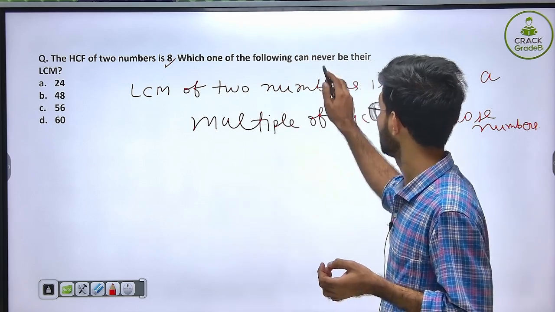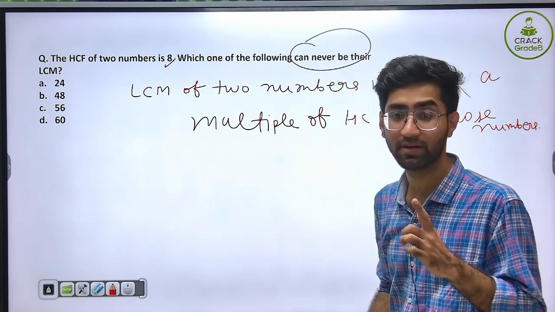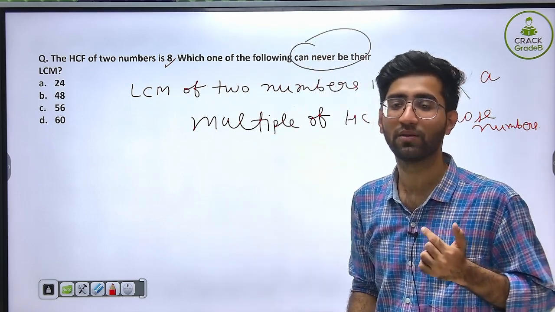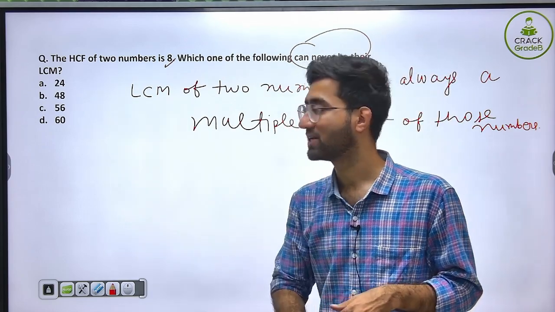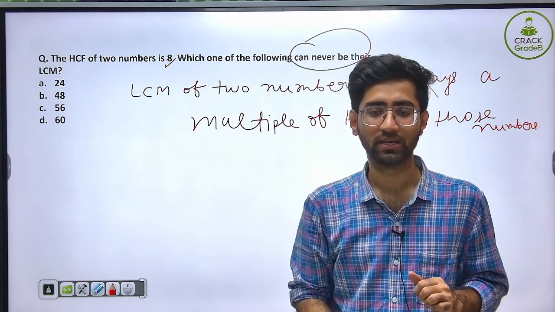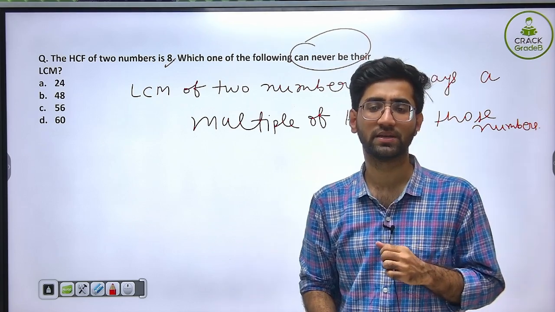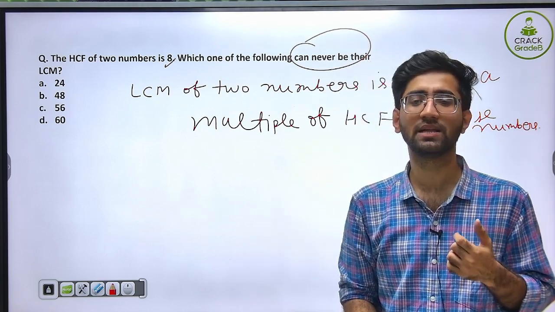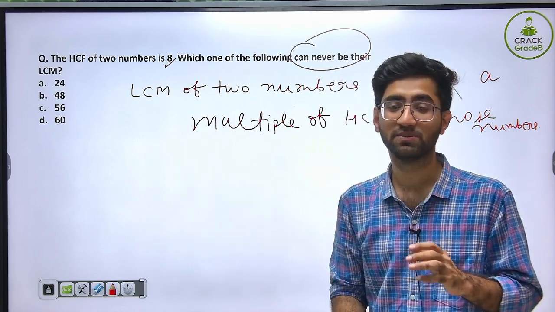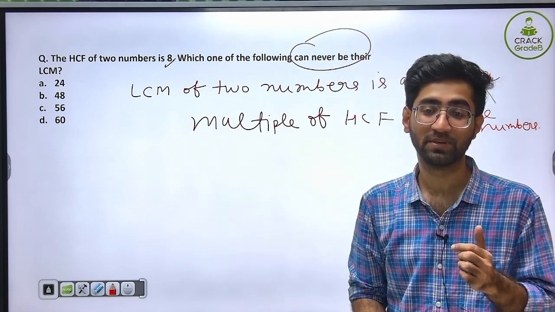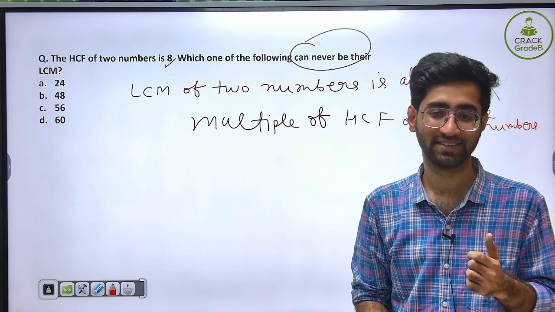But remember, you have to pick what can never be, so you can't pick 24 as your answer. Let us look at option B, 48. 48 is a multiple of 8, so 48 also can be the LCM, and you can't pick 48. Option C is 56. 56 is also a multiple of 8.